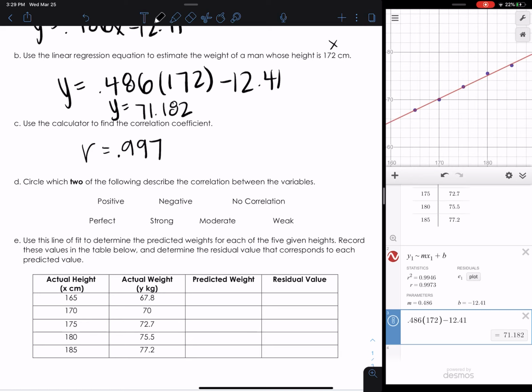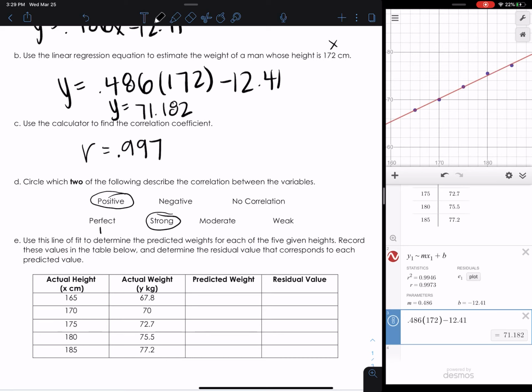Is this positive, negative, or is there no correlation? We can see that this is a positive number. And is this perfect, strong, moderate, or weak? Perfect means that it would be 1. Since our correlation coefficient isn't 1, we know that it's strong because it's 0.997. It's very close to 1, but it's not quite perfect.